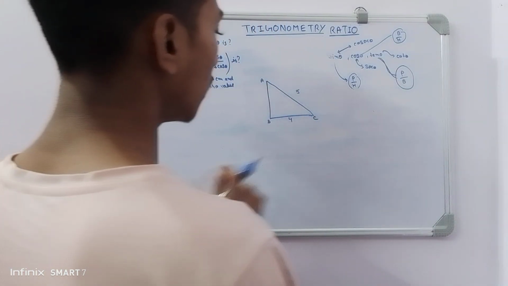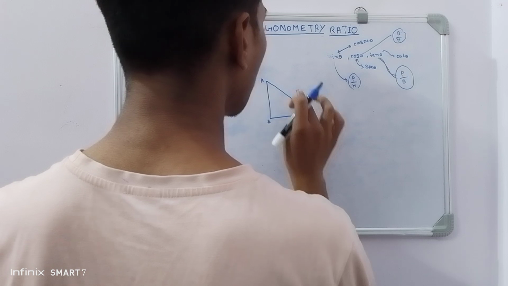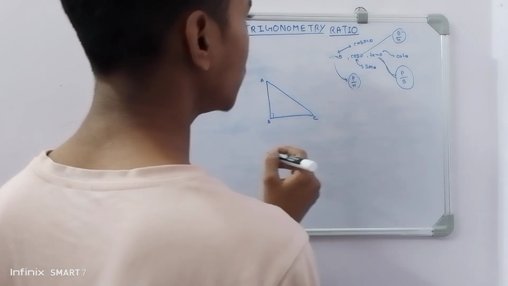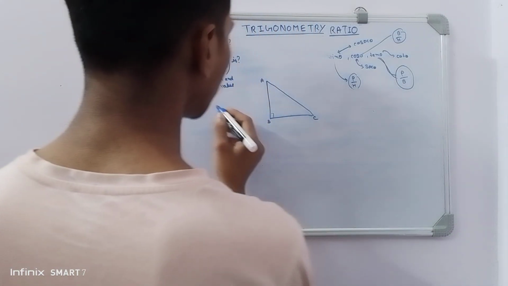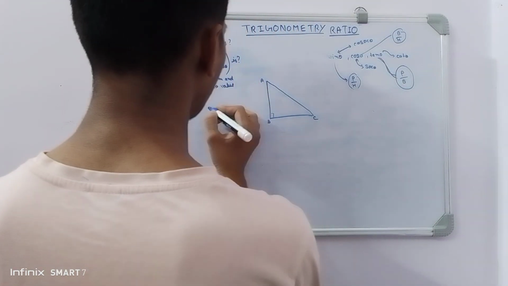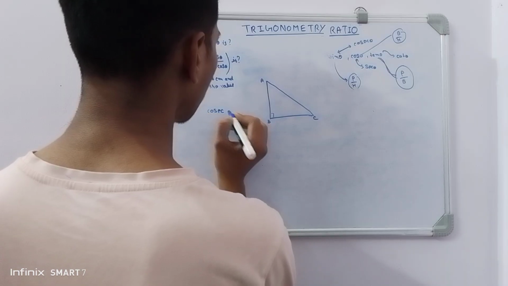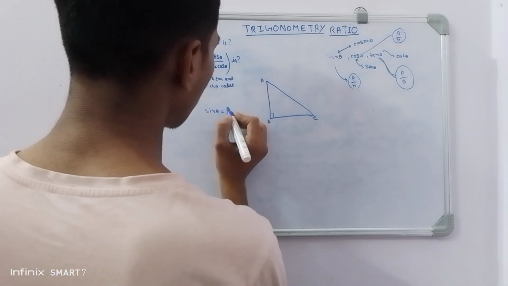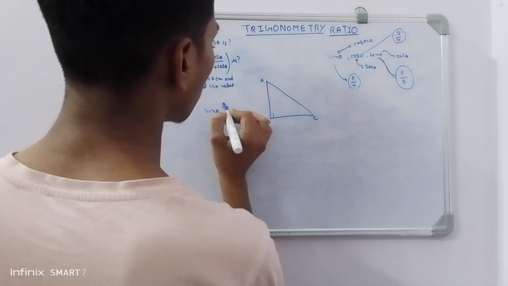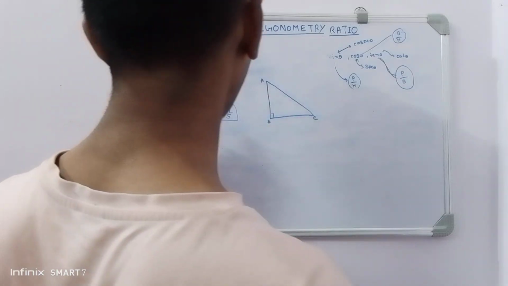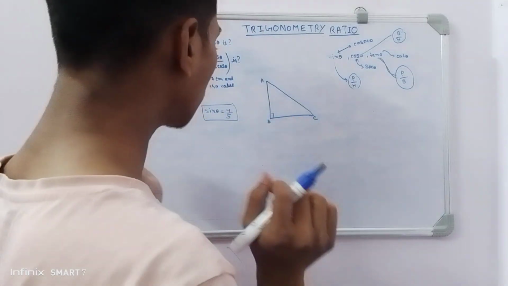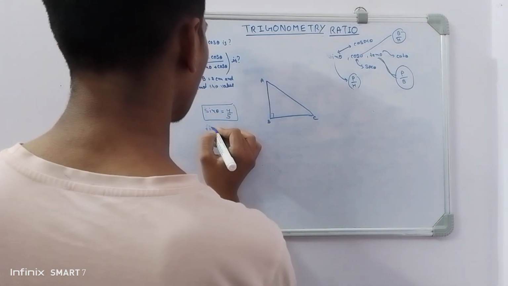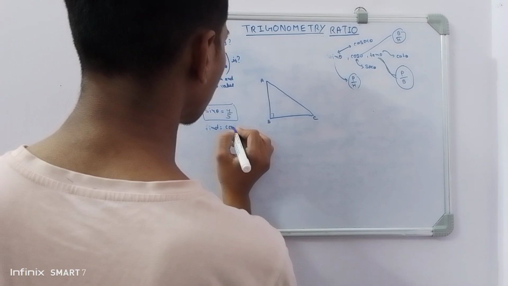Now the 4 or 5 is not given, but if I say to you this is a triangle in which you are given that sine theta is equal to 4 by 5. Now let's consider this as a question. The sine theta is 4 by 5. Find cos theta.